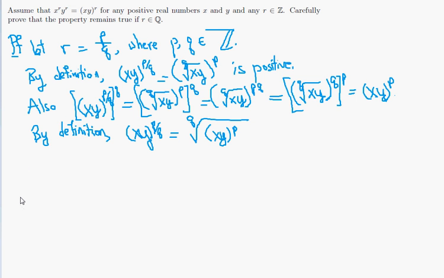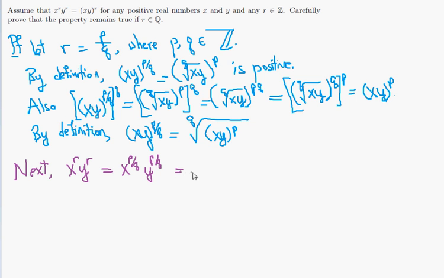So next, x to the r times y to the r is equal to x to the p over q times y to the p over q.